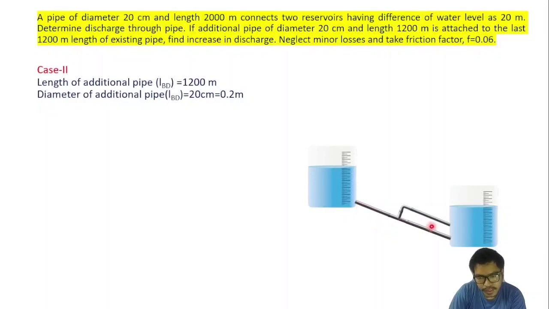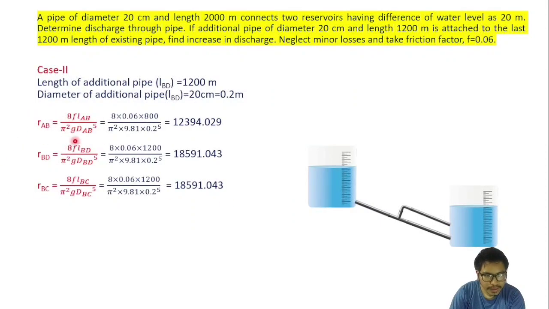This is the existing pipe and this is one parallel pipe of length 1200 meter and diameter 20 centimeter, that is 0.2 meter. In the question it is given we have to neglect minor loss, that means loss in bend, entry loss, exit loss, etc.